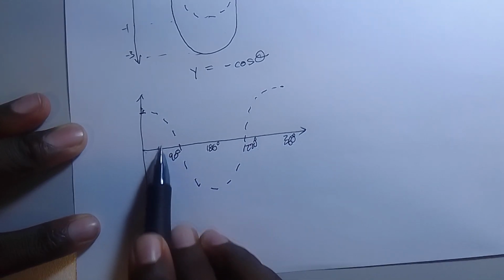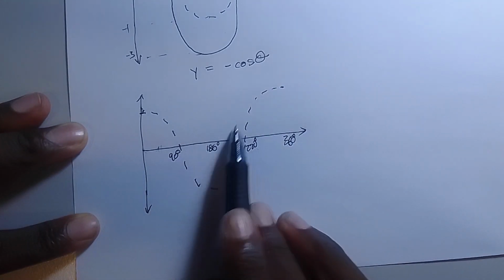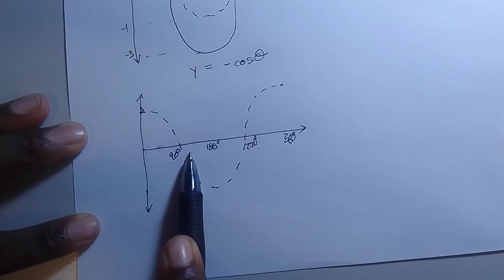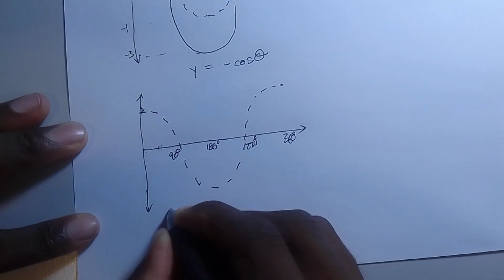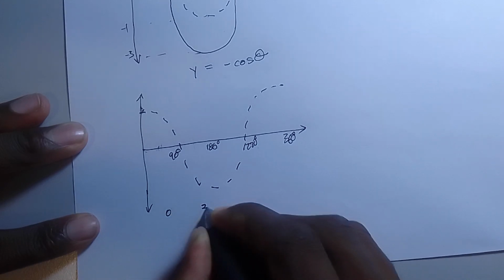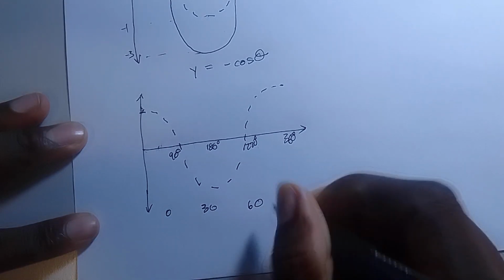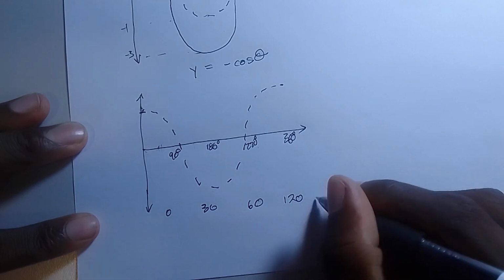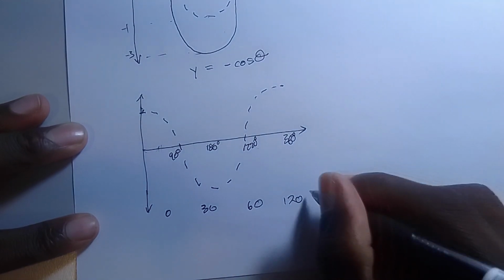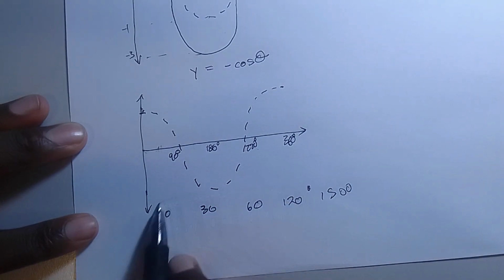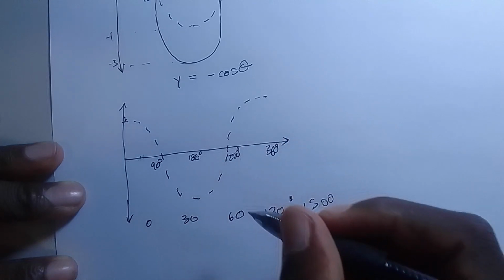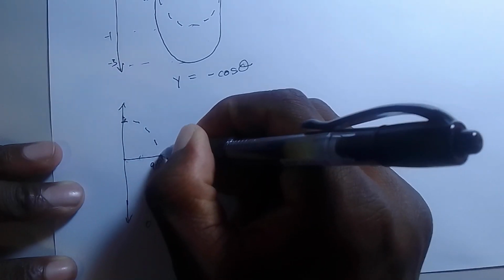If you want, you can add 45, 135, and so on. It's better to use this scale rather than the scale that is 0, 30, 60, 120, 150. Yeah, but that one is confusing because you won't know where the maximum is, you won't know where the intersection with the x-axis is.